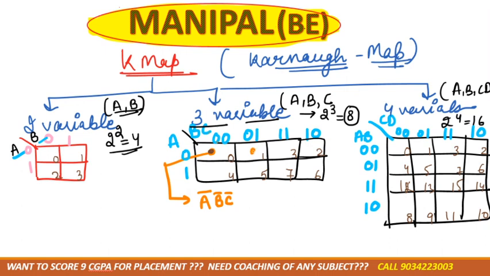Similarly for the next case, A will remain 0, so A bar, and B is B bar and C, correct? So it would be B bar and C. Basically all the zeros are represented by bar, so it would be B bar, C bar; and for 1 1, it would be B C. So this number would be A bar, B C.